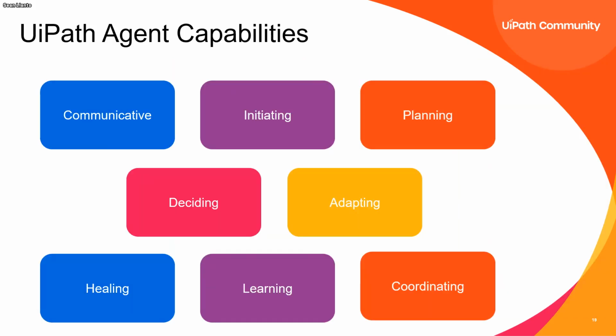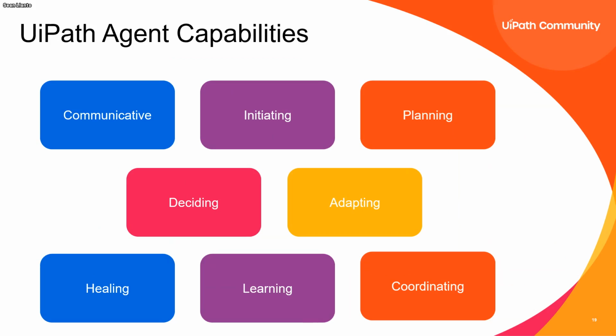Some key agent capabilities: they're very much communicative. They use natural language to collaborate with users and systems. Initiating: it can be triggered by system events or user input. Planning: when you run an agent, it breaks down the goals into executable steps, so you'll be able to see what steps it would be taking. Afterwards, it will make real-time decisions based on patterns and current state. It's able to adapt to us.